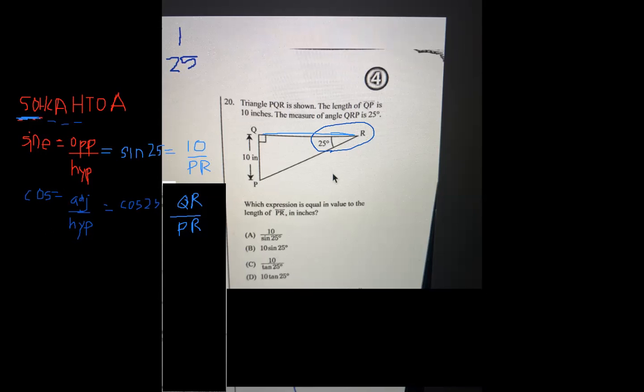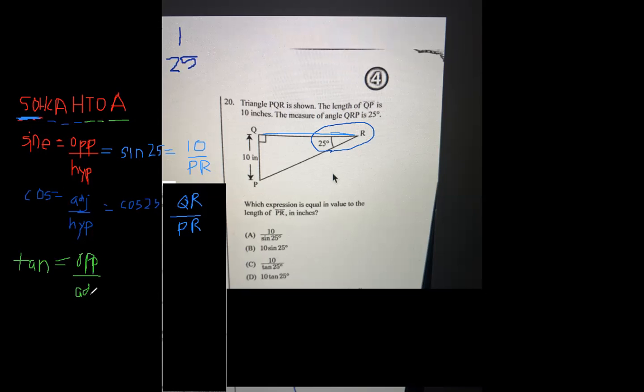Now I'm going to go back to the last part of SOHCAHTOA, and I'm going to do that in green so we can distinguish that. Now T stands for tan, or the tangent, and tan is going to be equal to the O, which stands for opposite, over A, adjacent, so opposite over adjacent.